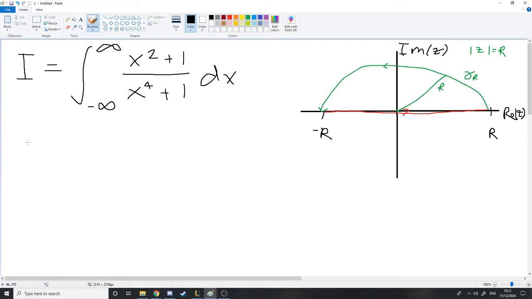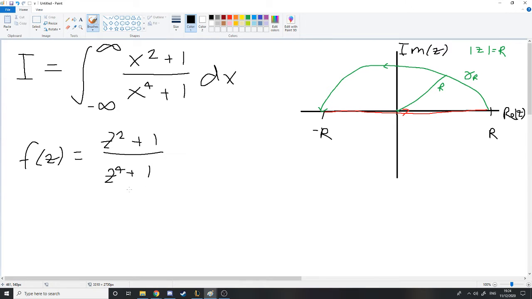So let's write this as a complex function, f of z equals z squared plus 1 over z to the 4 plus 1. As you can see, both the numerator and the denominator are entire functions, so the singularities only come from when the denominator equals 0.